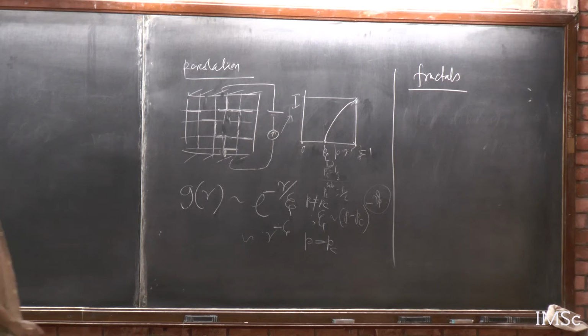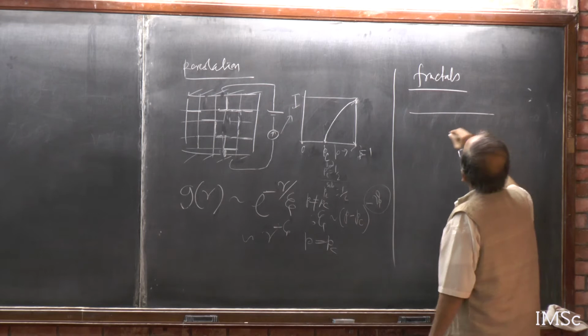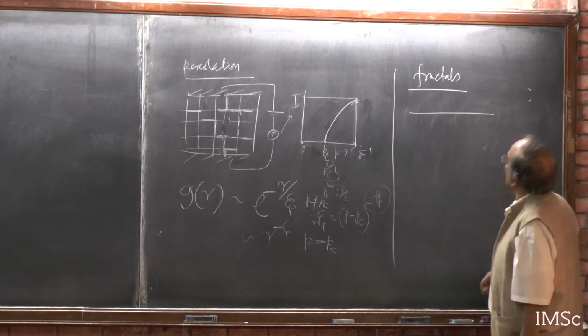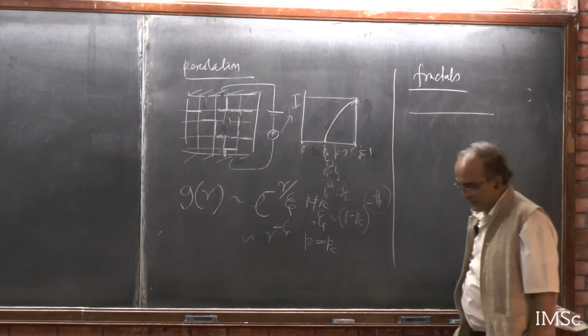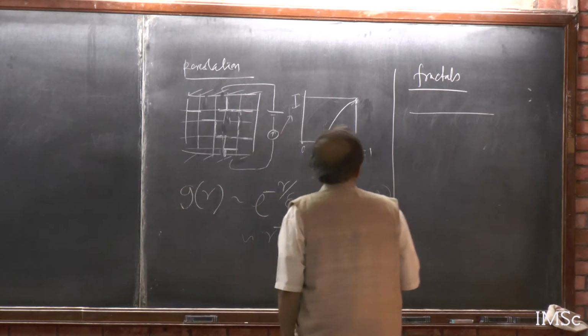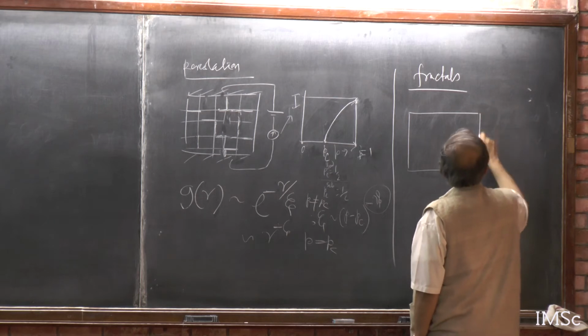So let me give you a picture. Even if you have an infinite ordered lattice, you have self-similarity, because anywhere you stand, if it is infinite on both sides, you cannot distinguish where you are.